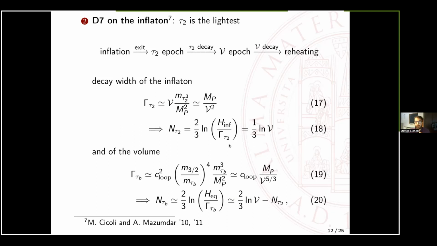The first one from the inflaton gives us a number of foldings that is now 1/3 log of V, since now the volume suppression is different. And the volume decay is given by the loop enhanced interaction that we saw previously with the X's, that is given in the end as 2/3 log of the volume minus the number of foldings of the first matter-dominated epoch.